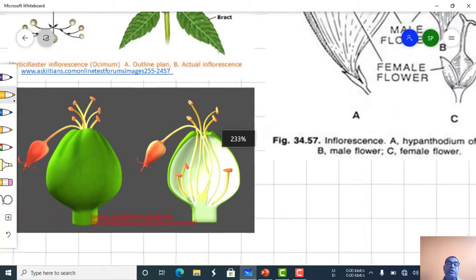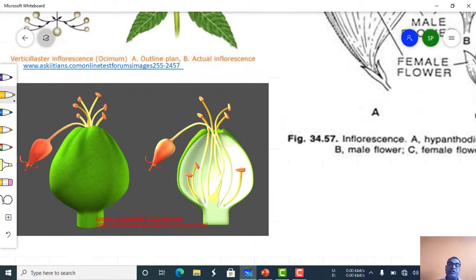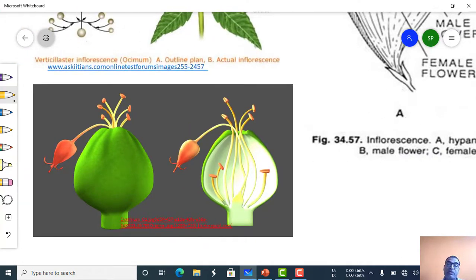But in centrifugal succession, if you observe, this is the central flower and it is the oldest one. If you see here, these are the younger flowers. So here younger flowers are present towards the periphery, while older flowers are present in the center, and such a succession is called centrifugal succession.